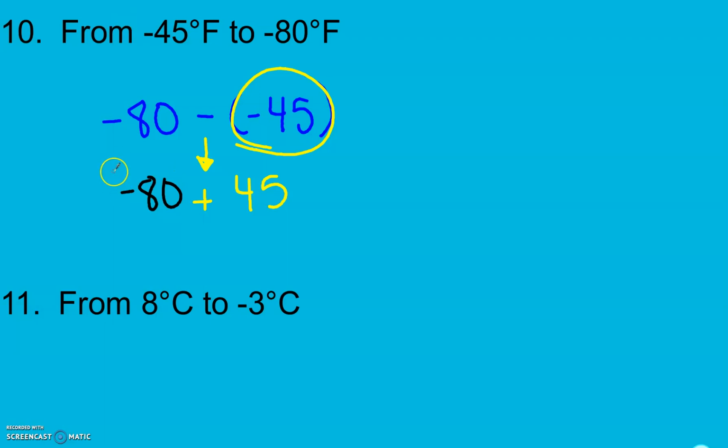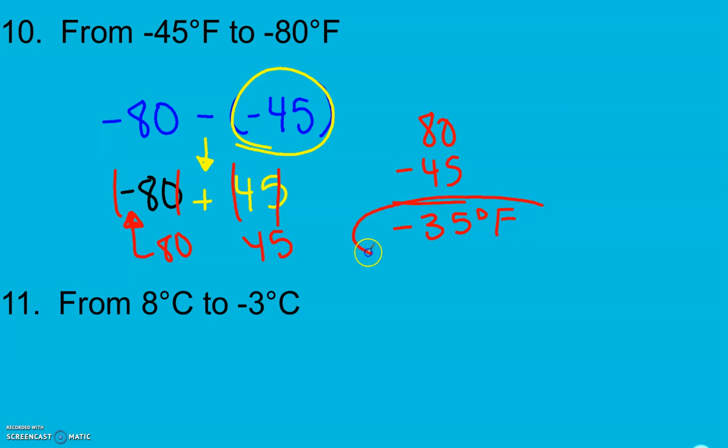Now we add absolute values, different signs, so we go ahead and subtract and take the sign of the bigger number. So here I have negative 35 degrees, which again, it started at negative 45 and then went down to negative 80, so that negative degrees makes sense.